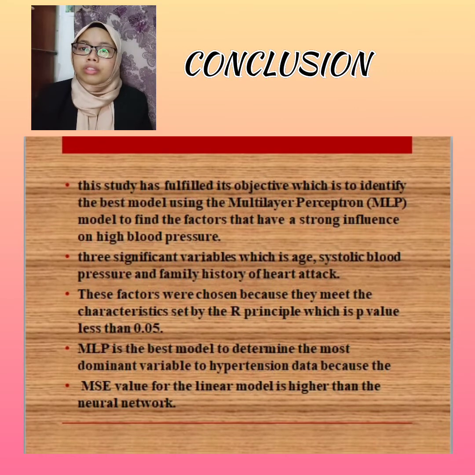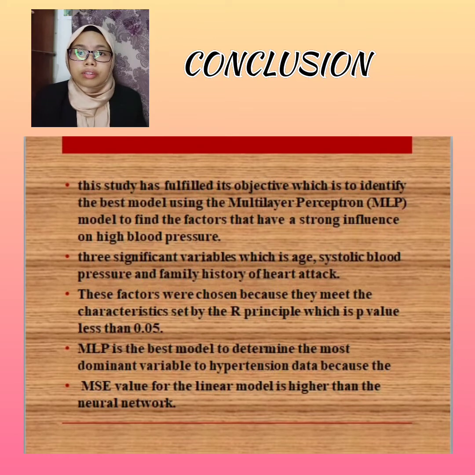These factors were chosen because they meet the characteristic set by the ARC principle, which is a p-value of less than 0.05. We can also conclude that MLP is the best model to determine the dominant variable to hypertension data because the MSE value for the linear model is higher than the neural network.